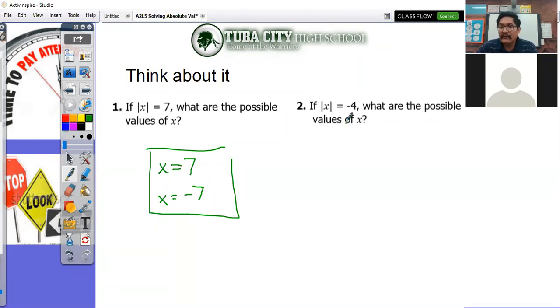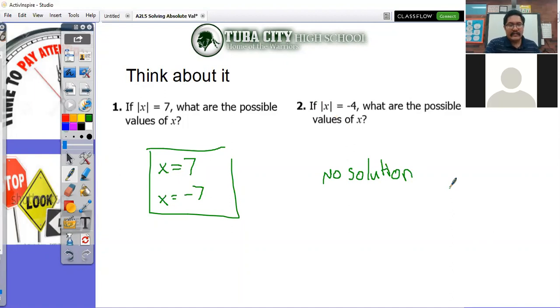What if we put in -4? Same thing, we still get +4. So neither positive nor -4 will work. So in this case, we would have no solution. There is nothing you can put in there that will make it work.